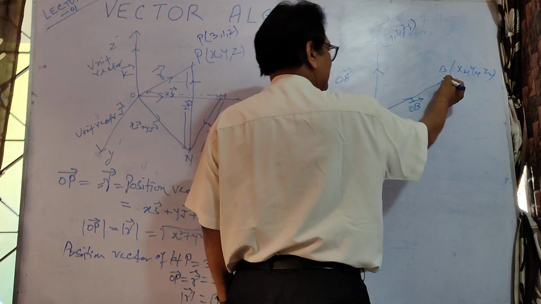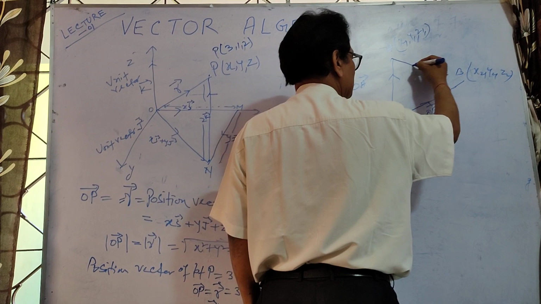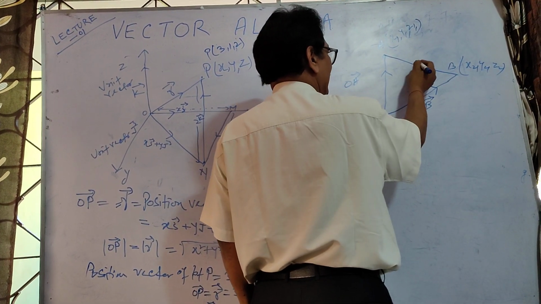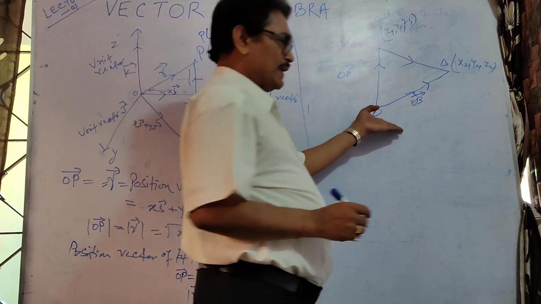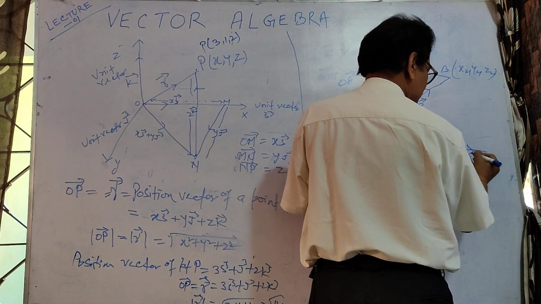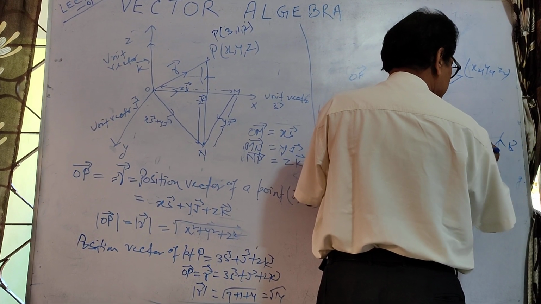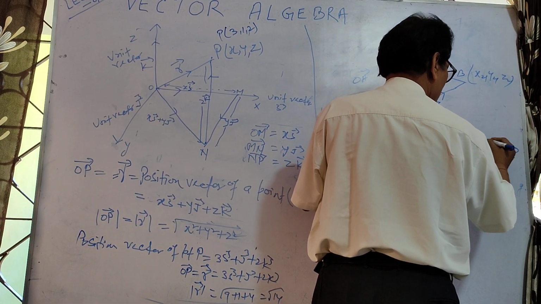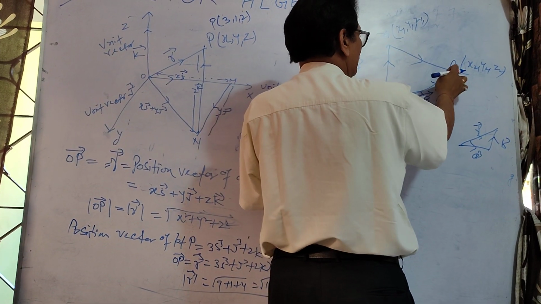So if AB is to be obtained as per the laws of addition, what is the law of addition? A, B, this becomes R. So this AB is obtained.